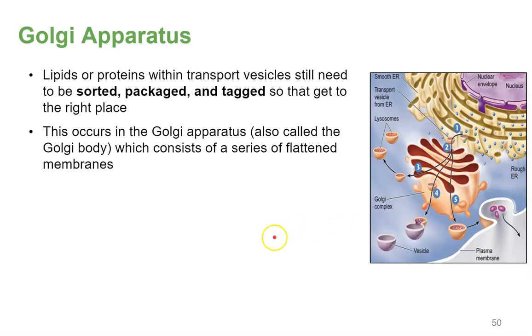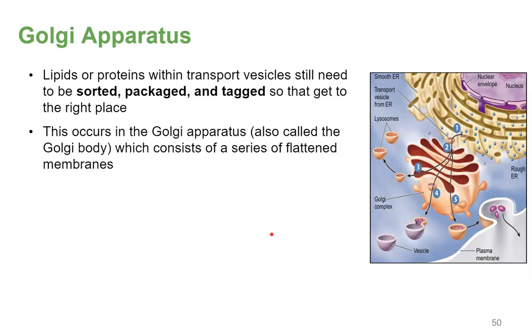The Golgi helps to sort, package, and tag. I like to think of it as like UPS or the Postal Service or whoever. The Golgi helps determine where that lipid or protein needs to go. So it's like a sorting facility, right? A packing and sorting facility.